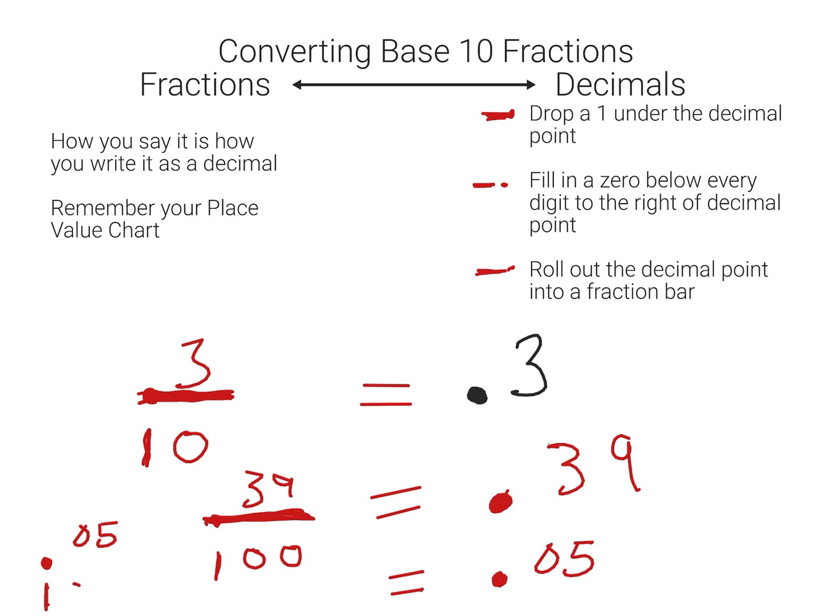Then write a 0 under every digit to the right of the decimal point. Next, roll out your fraction bar from the decimal point, and you have 5/100. Now, you really do not need that extra 0 there. You can leave it there, or you can erase it. It's not going to change the value of it. Okay. So that's 5 hundredths.